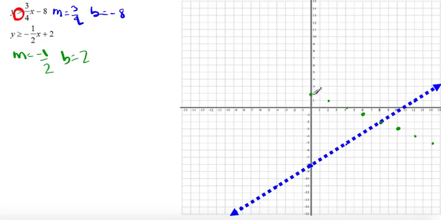And then to extend it, I go up 1 to the left 2. Alright, to figure out what type of line I have, I look at my inequality symbol. It's greater than or equal to, so I know that my solution is contained on the line, so I have to draw a solid line.